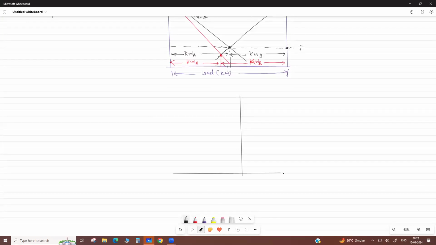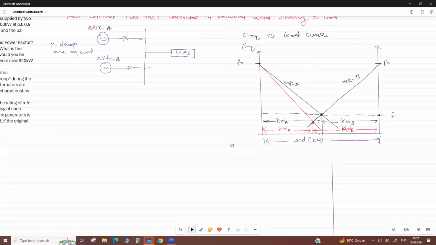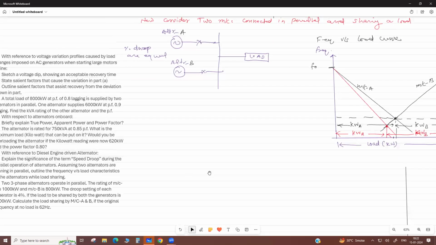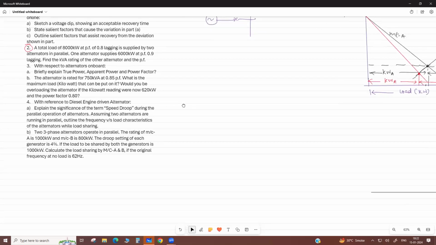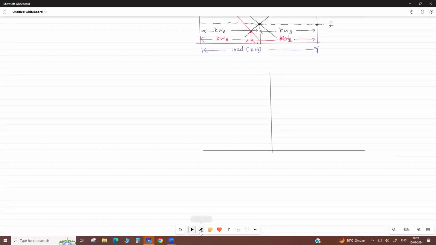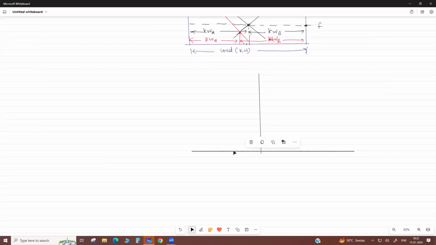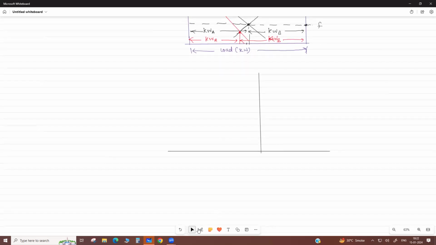Machine A is 1000 kilowatt, B is 800 kilowatt. So actually this portion we represent, this is the frequency.